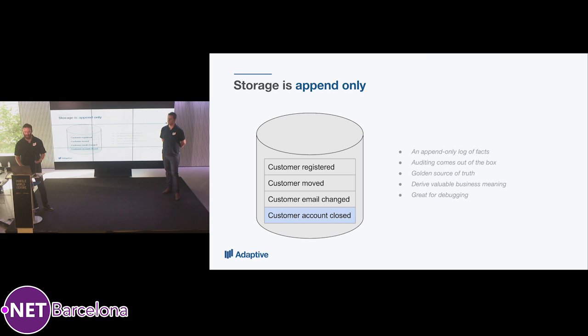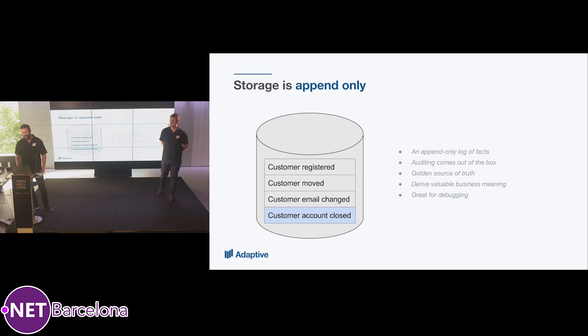So, which brings us to the next point, that storage in an event store is append only. When I say append only, it's an append only log of facts. New events are only ever appended to that log and nothing is ever deleted. So for example, with a customer account closed, we just add an event there.